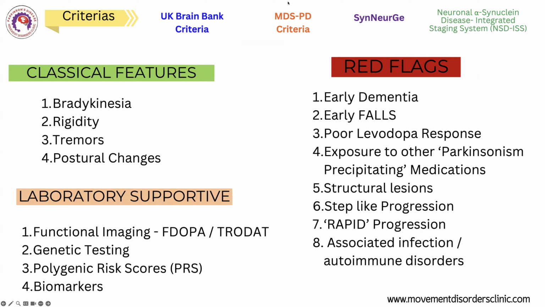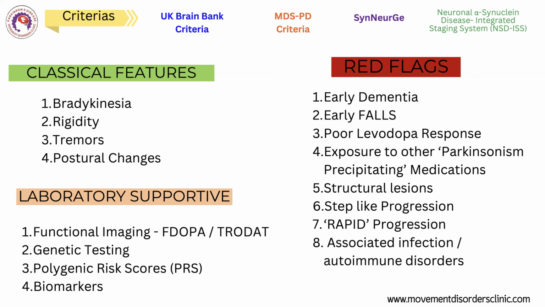Then a slightly upgraded criteria has recently come, which we call the MDS Parkinson disease criteria. We are slowly evolving into newer criteria which help us pick up so-called prodromal or early disease. We have two new criteria which have come up. One is SYN-GENE, which means synuclein-related factors, neurological symptoms, and genetic component, or the neuronal alpha-synuclein disease staging system.